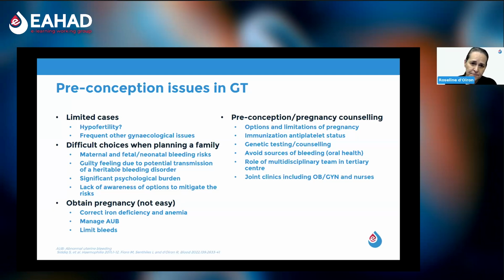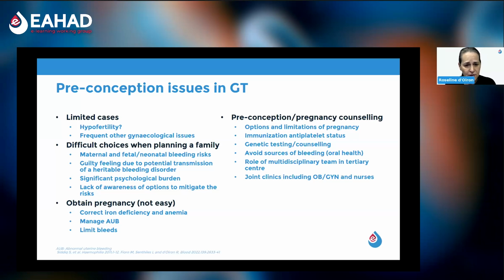However, the low frequency of pregnancies might be related to other gynecological issues like potentially impaired ovarian function related to ovarian cyst rupture, or you also have this vicious circle leading to recurrence of abnormal uterine bleeding that really leads to iron deficiency and anemia that are very difficult to overcome.